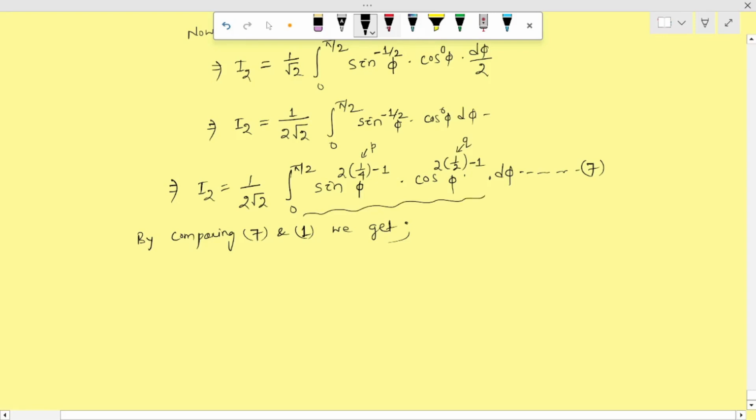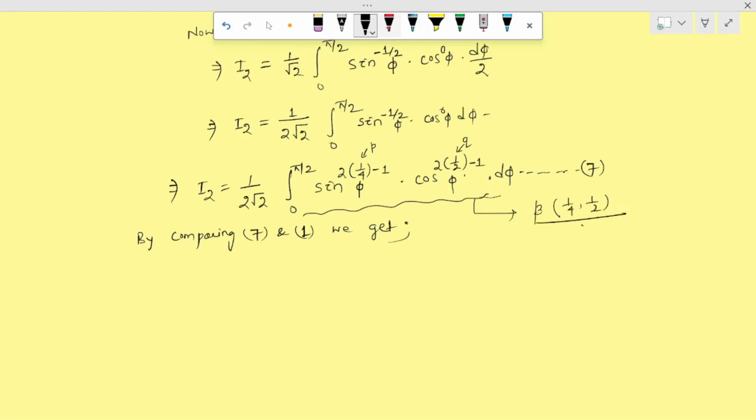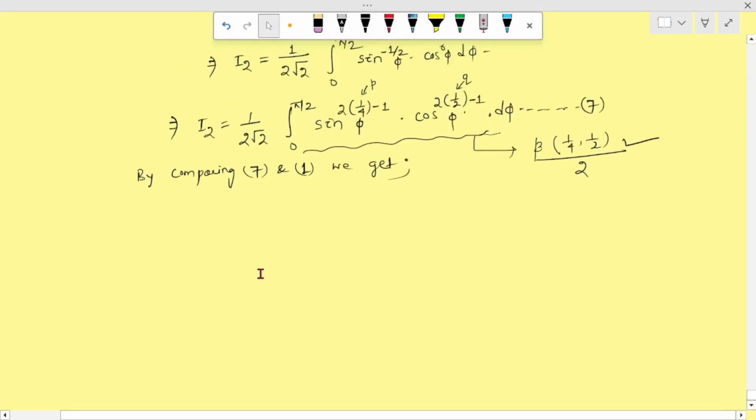So what will be the value of this integral? The value of this integral will be beta 1 by 4, 1 by 2, by 2. So directly, by comparing equation number 7 and 1, we get that I2 will be equal to 1 by 2 root 2 into beta 1 by 4, 1 by 2, by 2, or we can get 1 by 4 root 2.